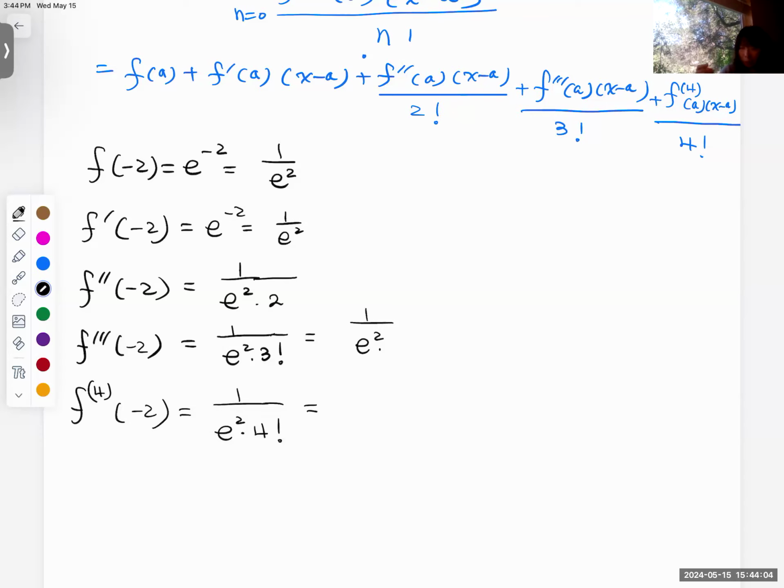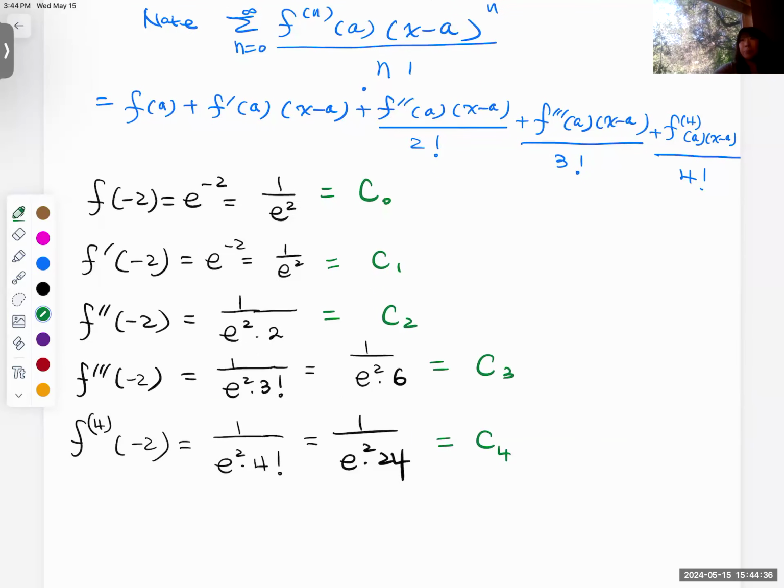Six and 24, thank you. So 6 and 24. Okay, so this is C sub 0, this is C sub 1, this is C sub 2, this is C sub 3, this is C sub 4. Okay? Don't make a decimal, more work, right? So just leave it like that.